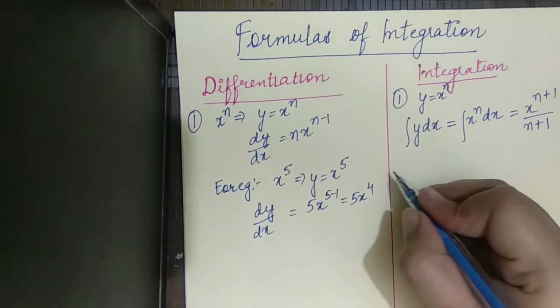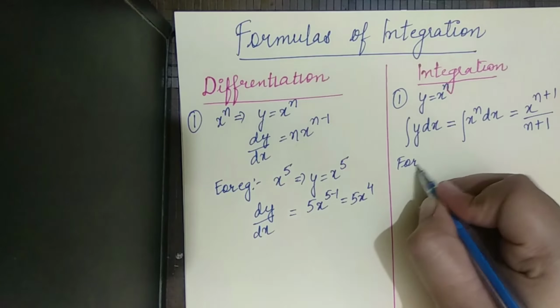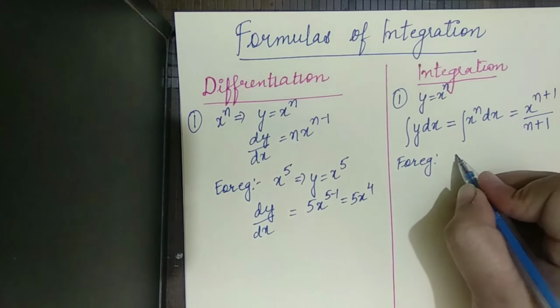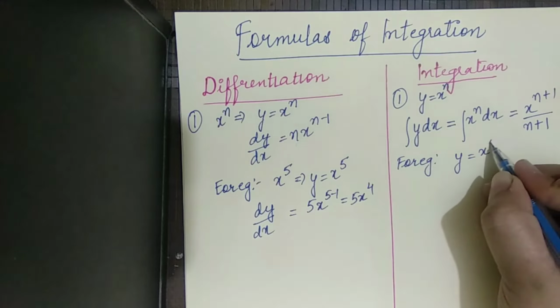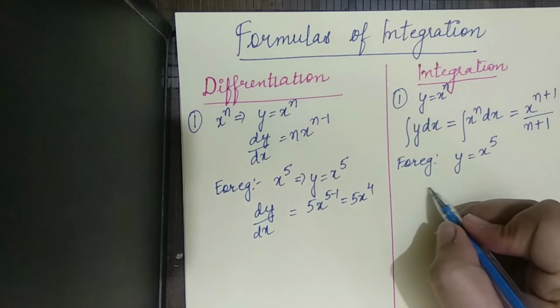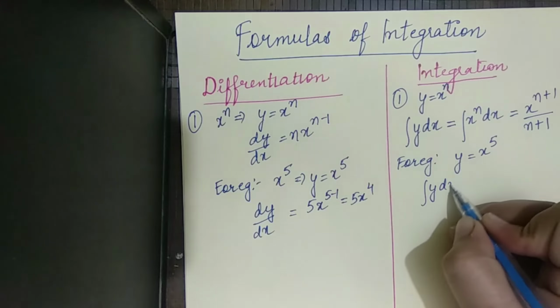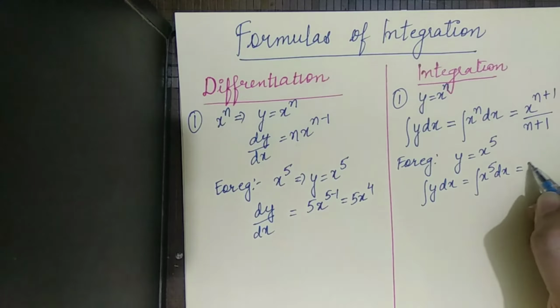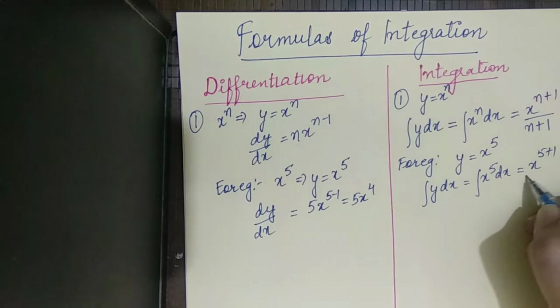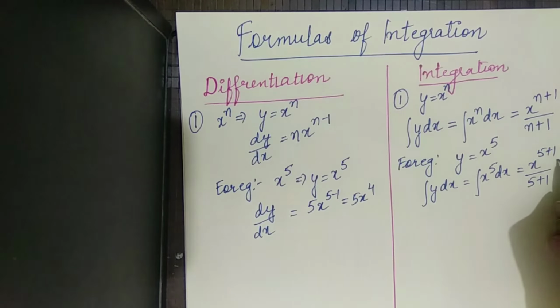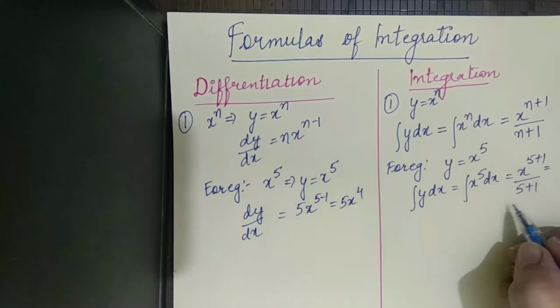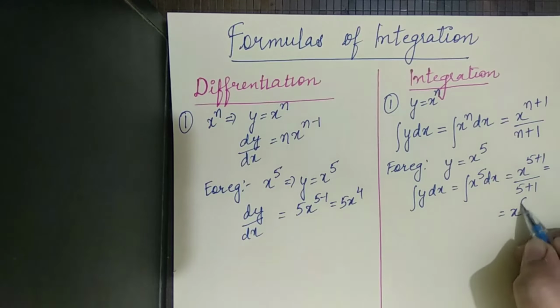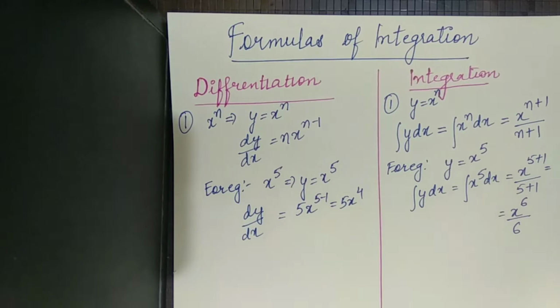Here also, y equals x raised to power 5, and the integral of x raised to power 5 dx would be x raised to power 5 plus 1 divided by 5 plus 1. So the answer will be x raised to power 6 divided by 6.